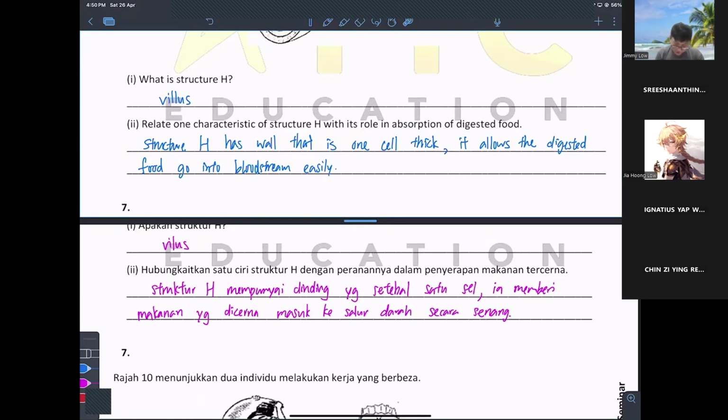Or you continue and say it allows the digested food to get absorbed easily. But you have to mention the characteristics. We have a few characteristics here. You can say large surface area, you can say very one cell thick, you can say a lot of things here.